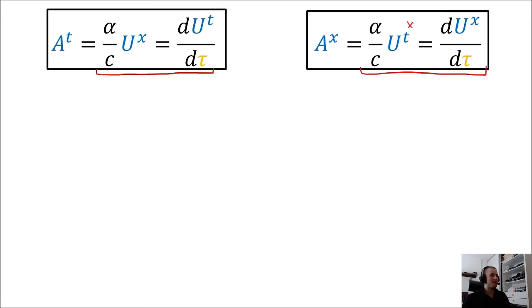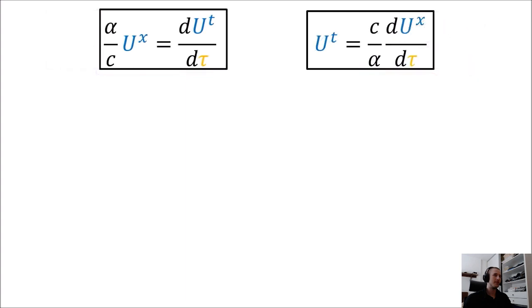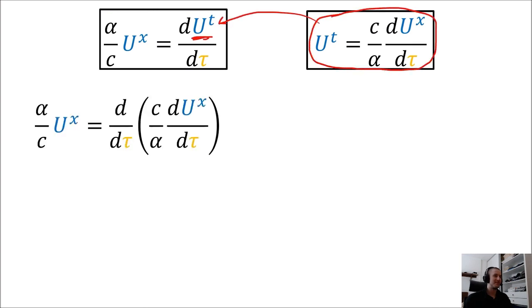The first step is to multiply both sides of the second equation by c over alpha. This basically moves the constant from the left side of the equation to the right side and takes the reciprocal. Given this pair of differential equations, we can sub ut from one into the other, and then we get ux times alpha squared over c squared equals the second derivative of ux with respect to tau.